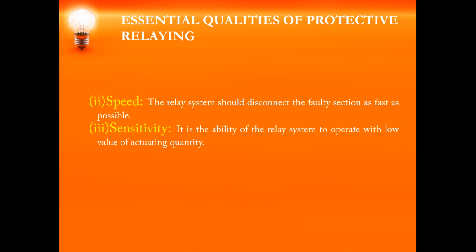Sensitivity means even though the fault current magnitude is very low, the relay should be sensitive enough to operate. And especially when there is a sudden inrush of current, that is the magnetizing current of a large transformer, it should not be treated as a fault current. The relay should take care of that also.